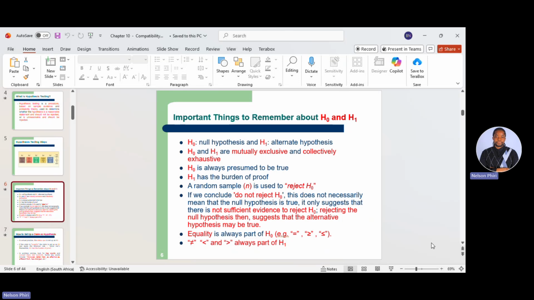Then we have an equality sign that is always part of H naught. It could be equal to straight, equal to or greater than, or equal to or less than. So these are your signs for your hypothesis testing, where you have not equal to, less than, greater than, which is always part of your H1.